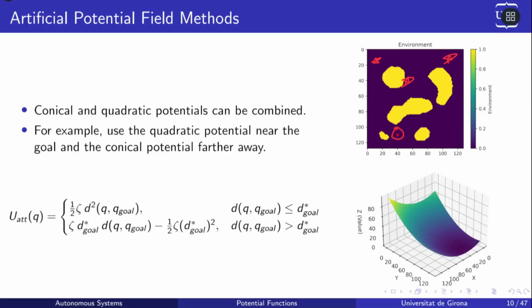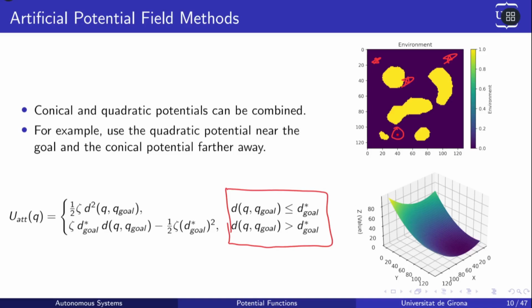Here, instead of using one or the other, what we have done is apply this if, okay? Basically, what we say is, if the distance between the current configuration and the goal is smaller or equal to some threshold, we apply the quadratic.